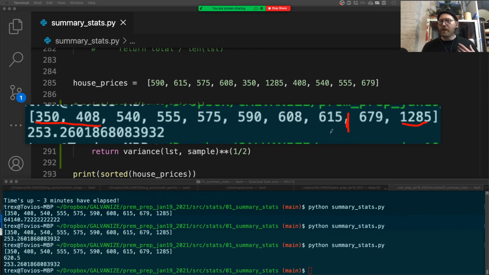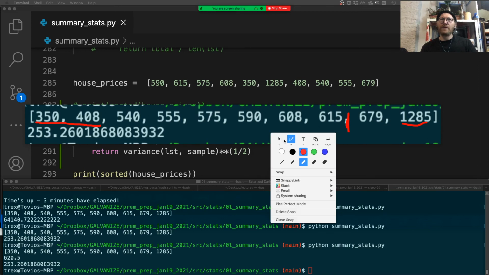But if we assume this is a fairly representative sample, then we might be tempted to remove outliers here, and get the standard deviation after we remove the outliers.